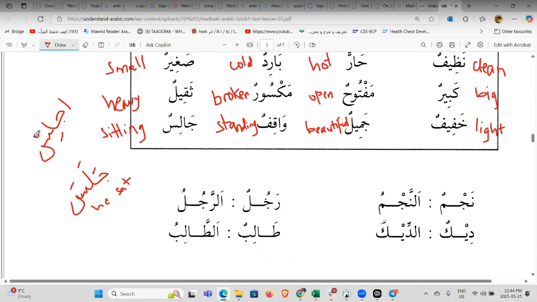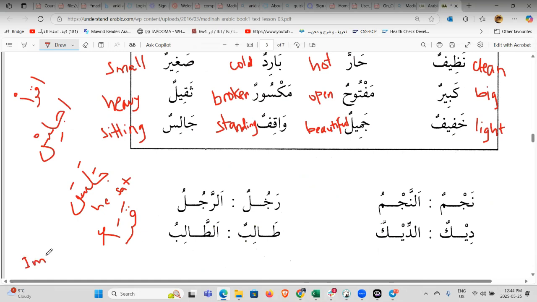But the original form is qara'a, he read. Iqra would be the imperative form. There are multiple forms, but one of them is the imperative form for telling people what to do.